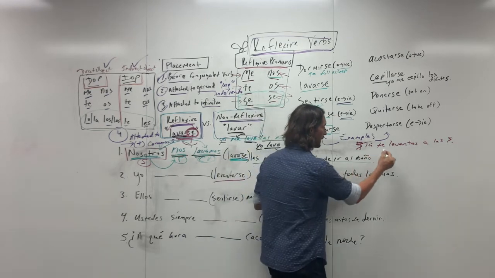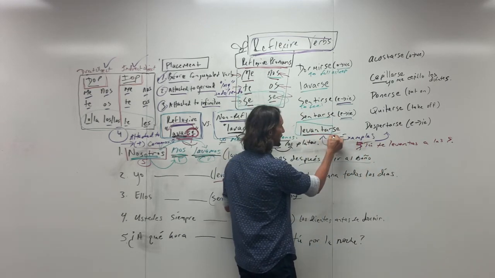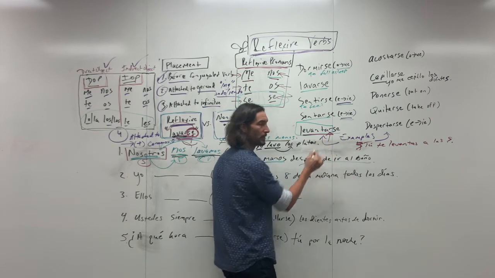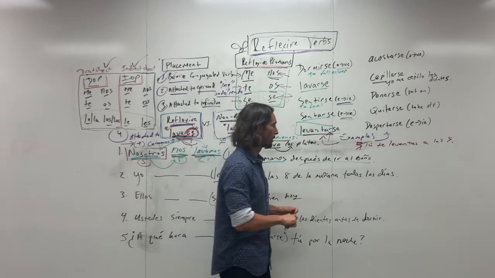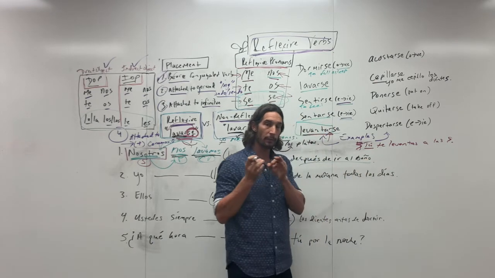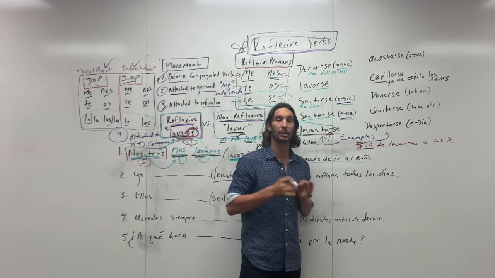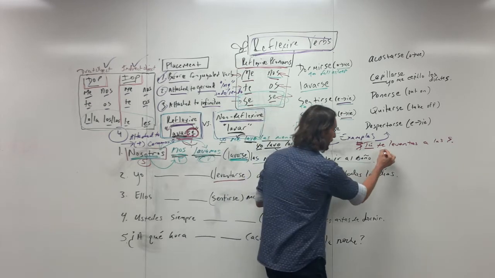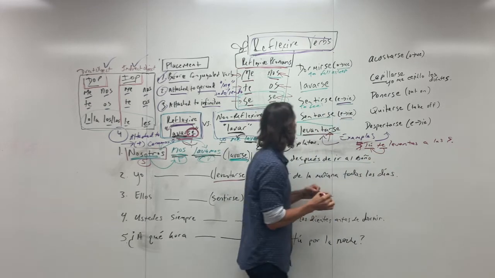Now notice what we did here. We have levantarse, right? It's just a regular AR verb, right? And then we have tú as our subject. Of course, the reflexive pronoun has to agree with the subject. That's why we put te, because it agrees with tú, right?